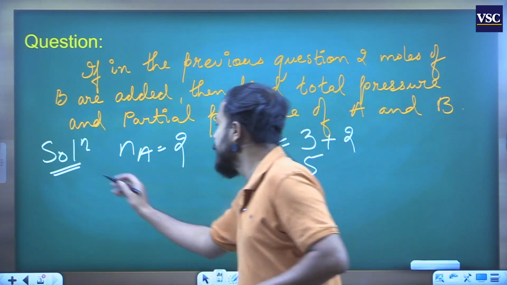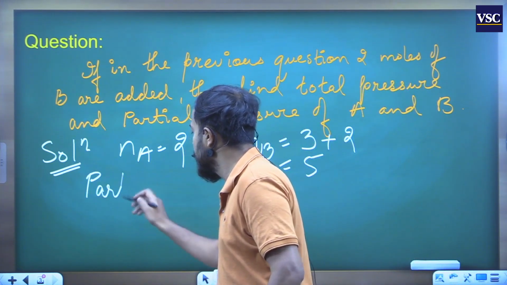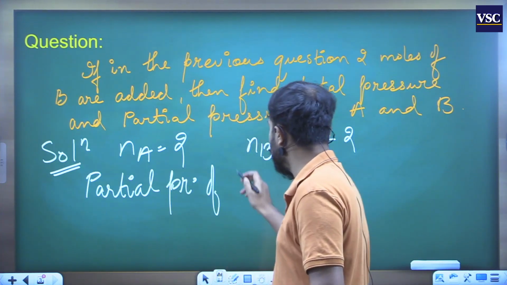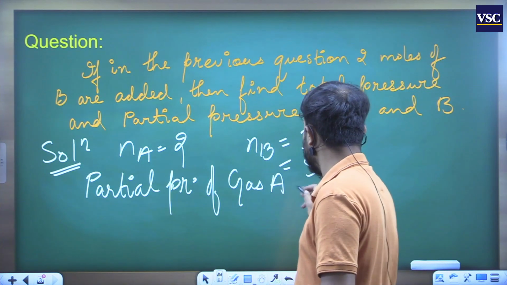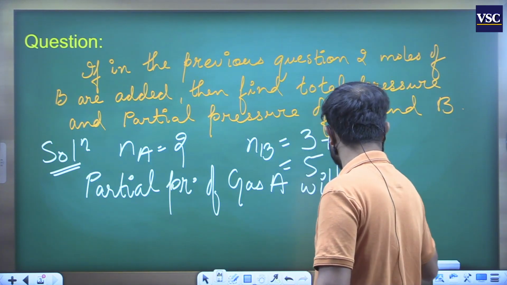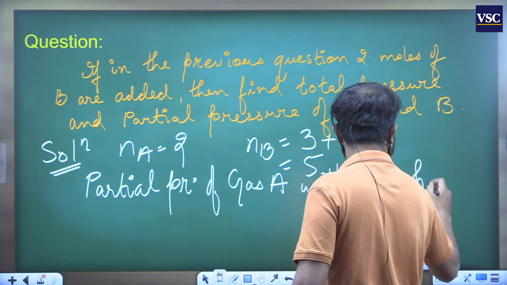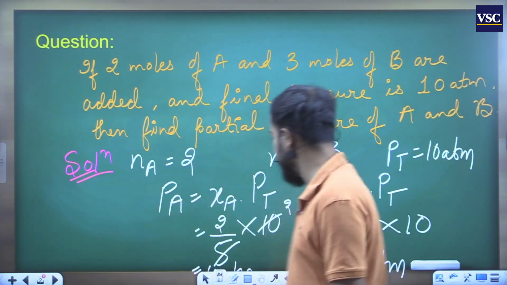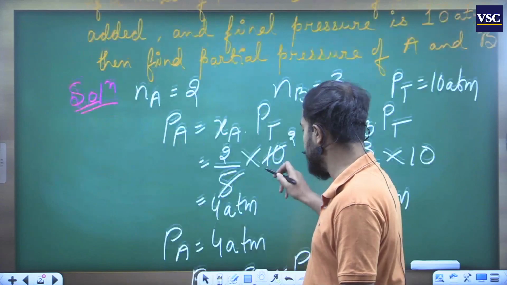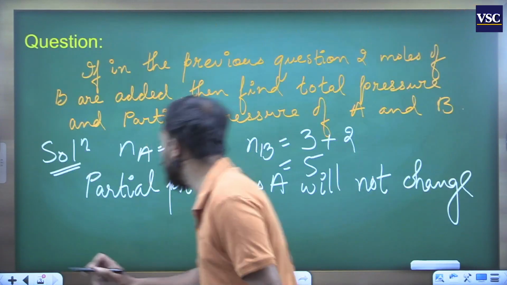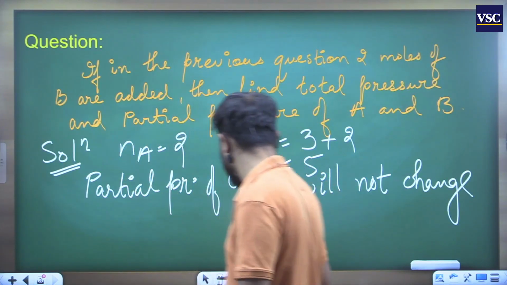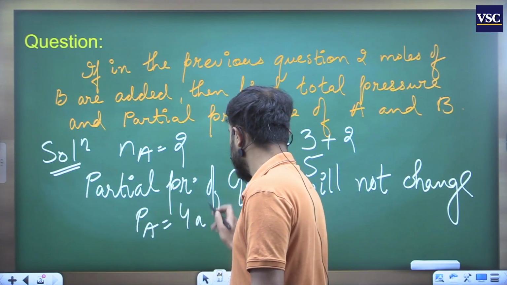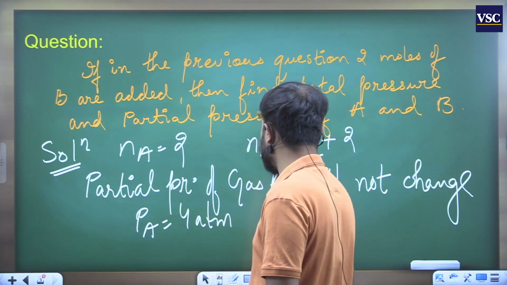So here the partial pressure of gas A will not change, and this will help us to solve the question. What was the partial pressure we calculated? Just look here. Partial pressure of A is 4 atm. So here also the partial pressure of A will be 4 atm.